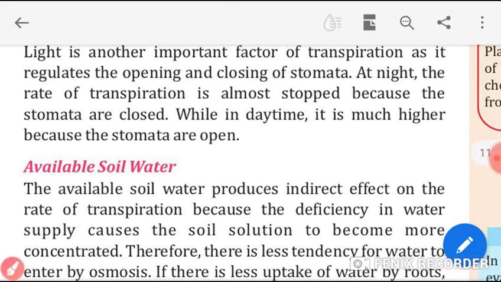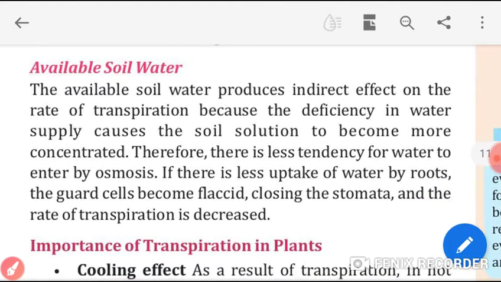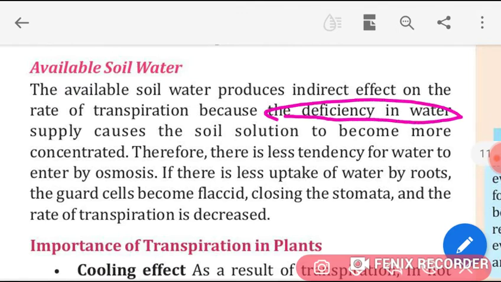Now we will learn the next factor, available soil water. The available soil water produces an indirect effect on the rate of transpiration. Why? Because the deficiency, lack of water supply, causes the soil solution to become more concentrated.